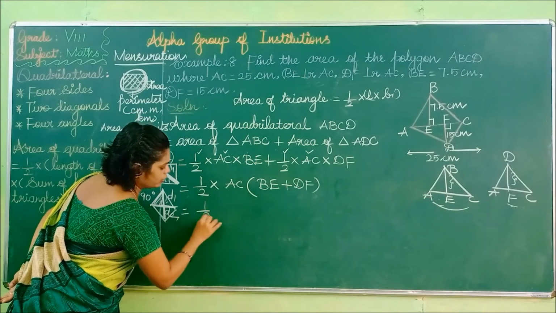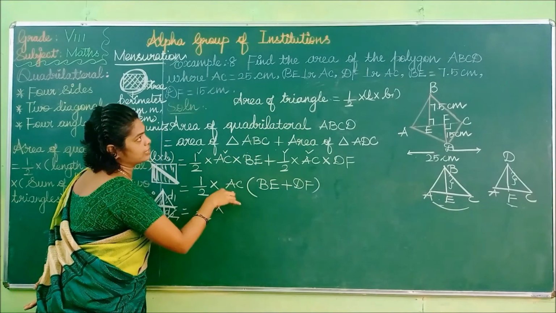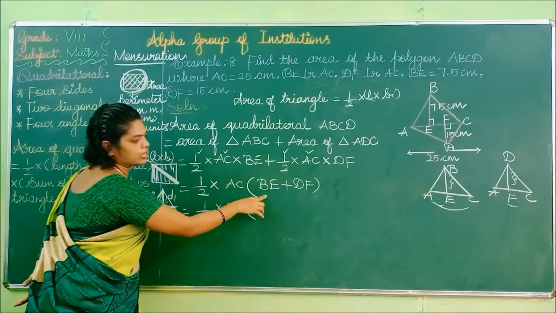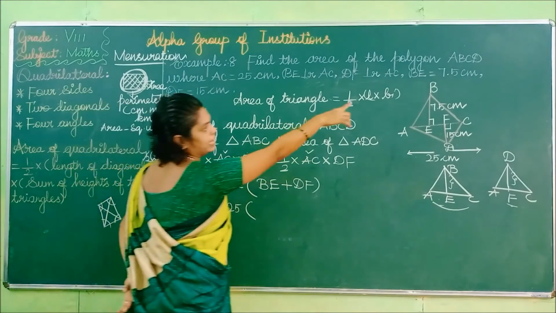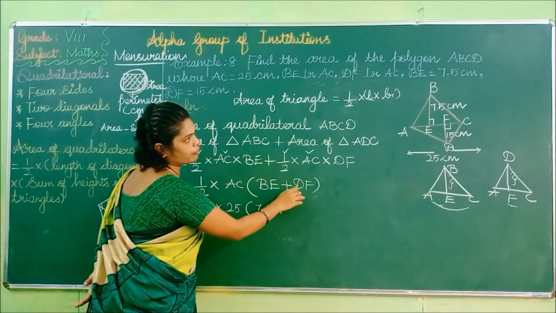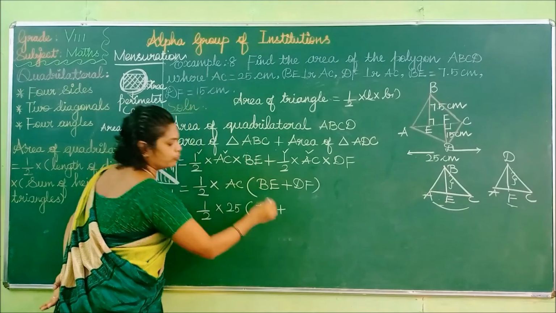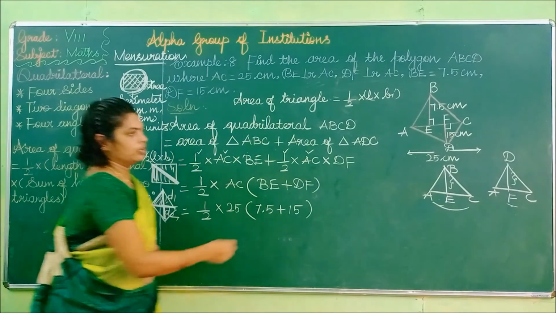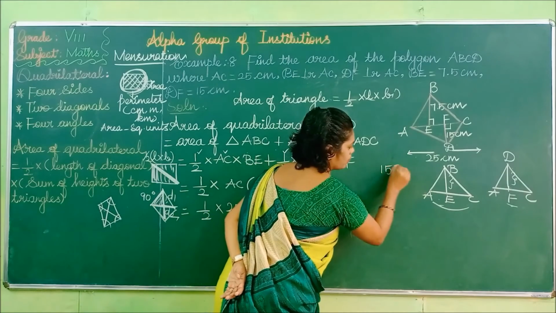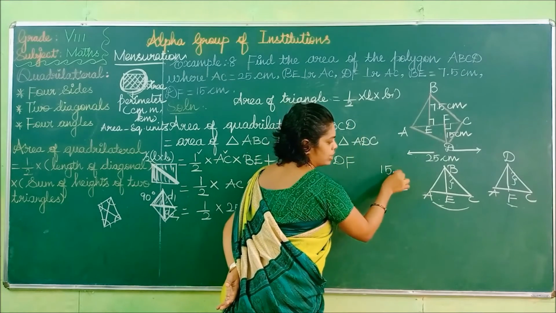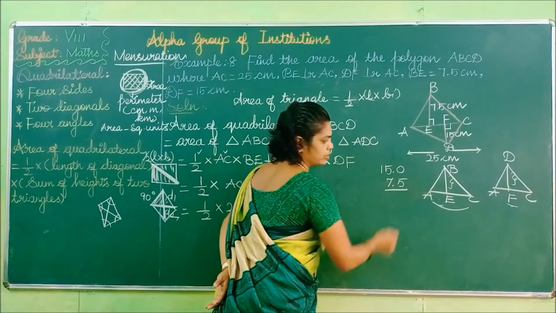Now 1 by 2. What is the value of AC? Look at the question. The value of AC is 25. And what is the value of BE? BE is equal to 7.5, plus what is the value of DF? DF is equal to 15. Now you should add the bracket values. 15 plus 7.5. There is no decimal point, so you can consider this one as 15.0.